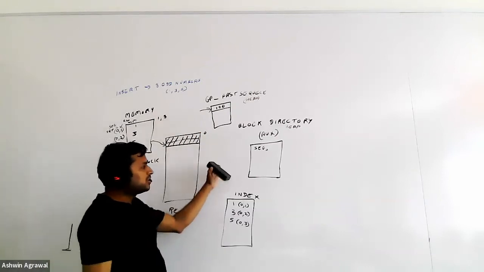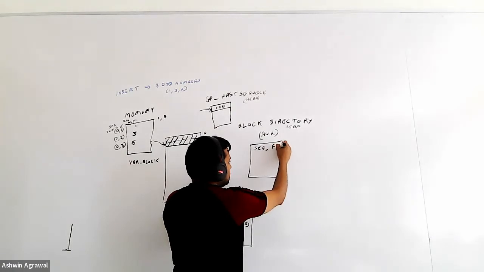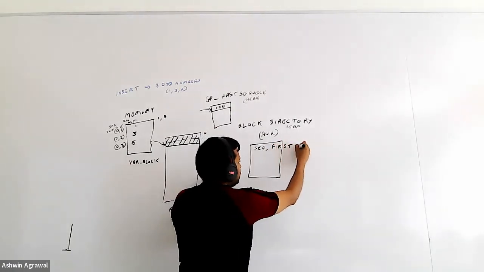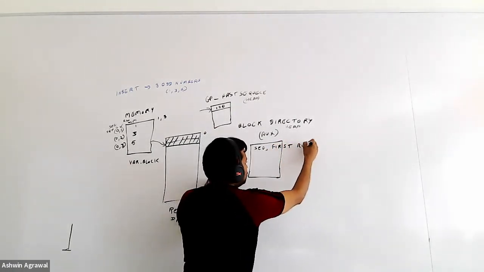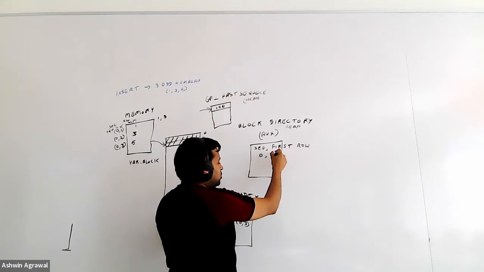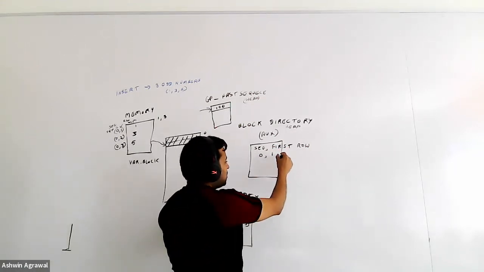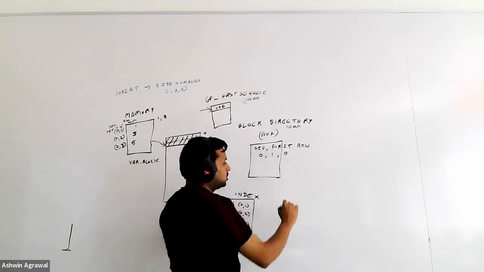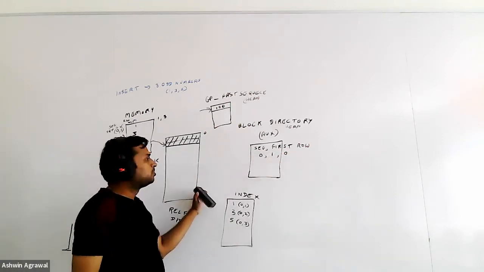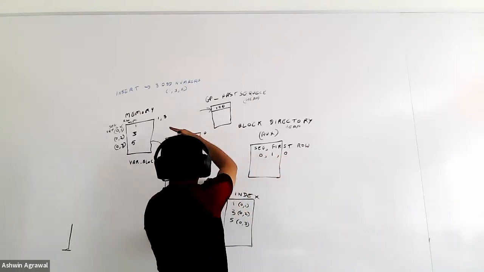So block directory says the row number, what is the first row number used by the block. So in this case, the segment number will be 0. It will say the first row number used in the block is 1. And the offset we are writing this block is at 0th offset in the file. And it also says how many rows this block contains.